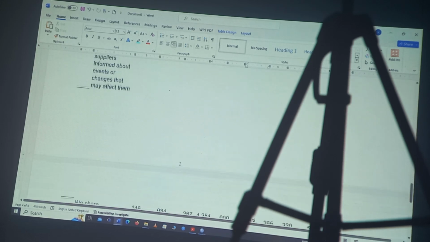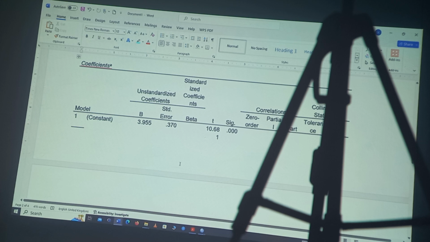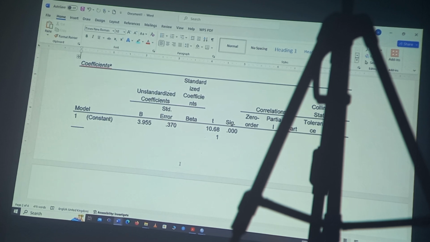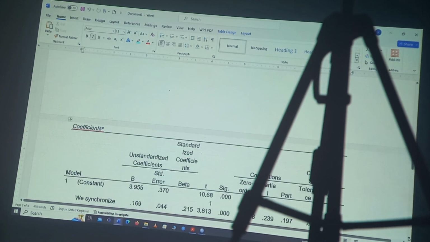So we go to the second table, called the coefficients table. I told you that we have two types of results in the coefficient table. We have standardized and what? Unstandardized. We look at the standardized when we want to compare which of them is making the higher or the least contribution.